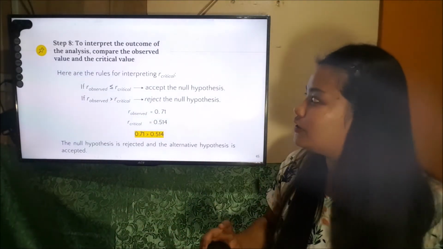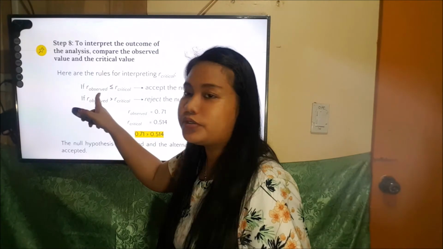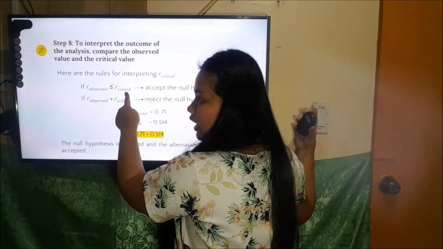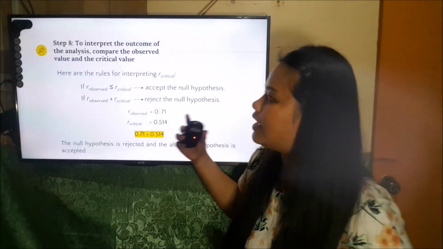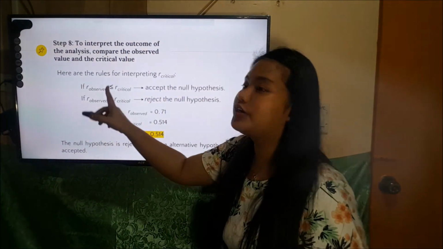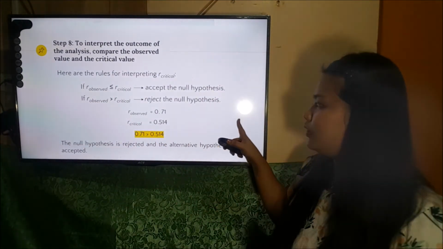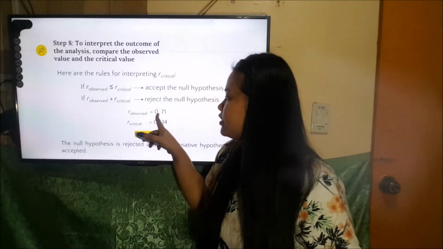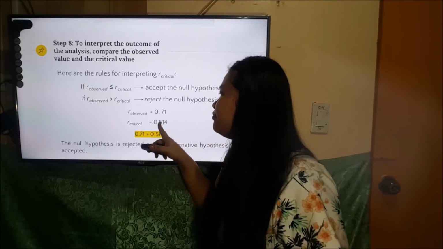Now, here are the rules for interpreting the R critical. If R observed is less than or equal to R critical, we have to accept the null hypothesis. If R observed is greater than R critical, we reject the null hypothesis. So our value for R observed is 0.71 and for our R critical is 0.514.